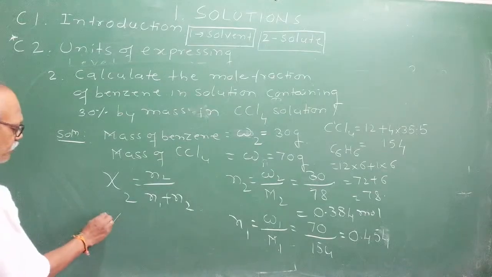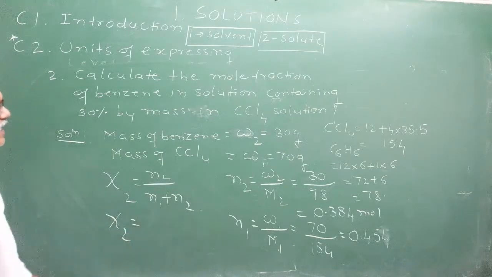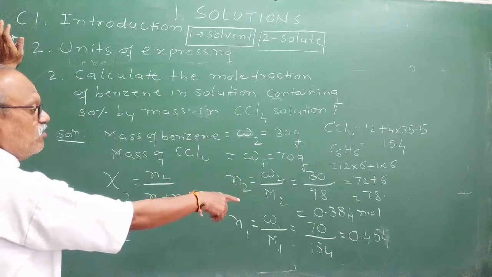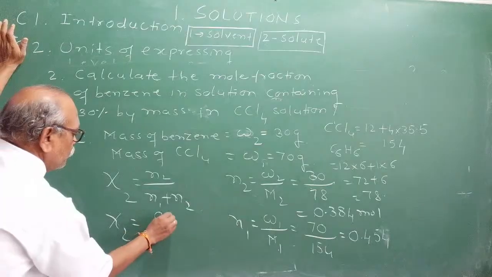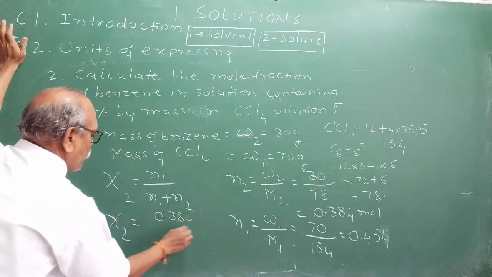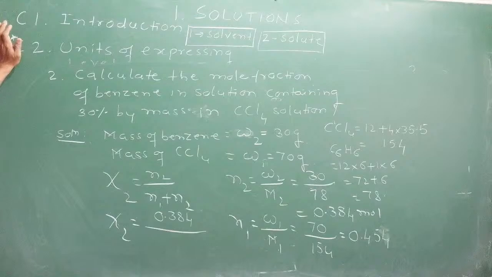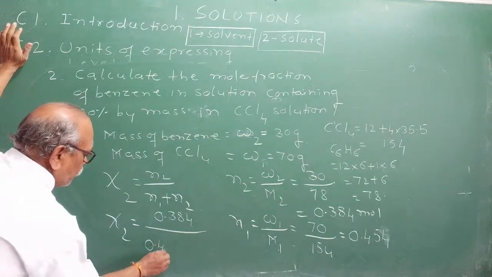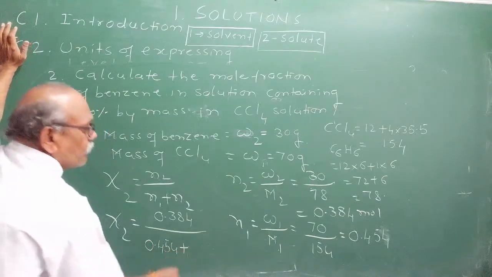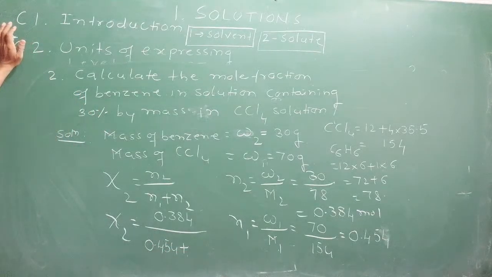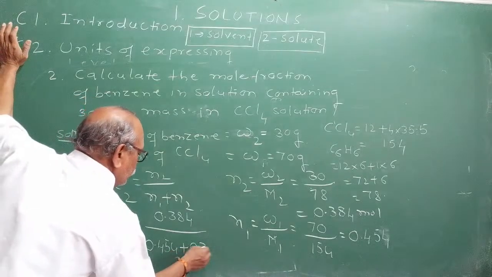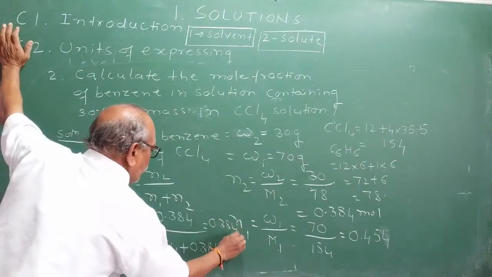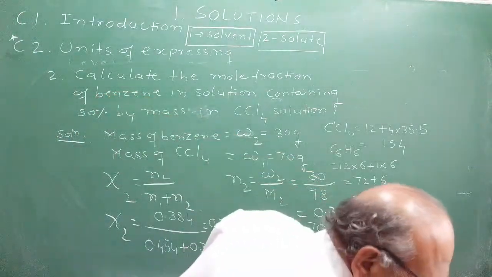The mole fraction of benzene is calculated by taking the number of moles of benzene, 0.384, divided by the sum of the moles of solvent, 0.454, plus 0.384. Add them in the denominator.